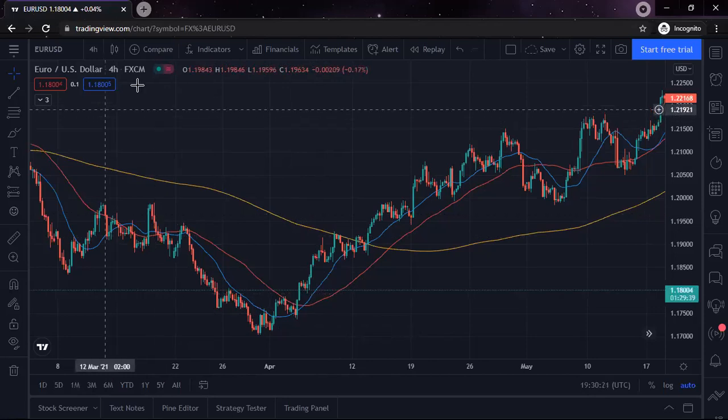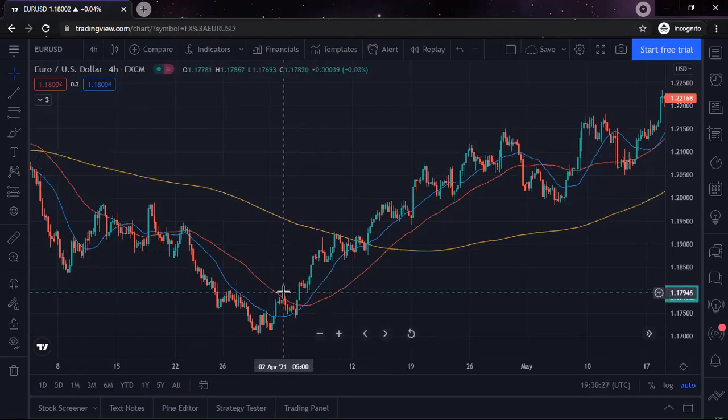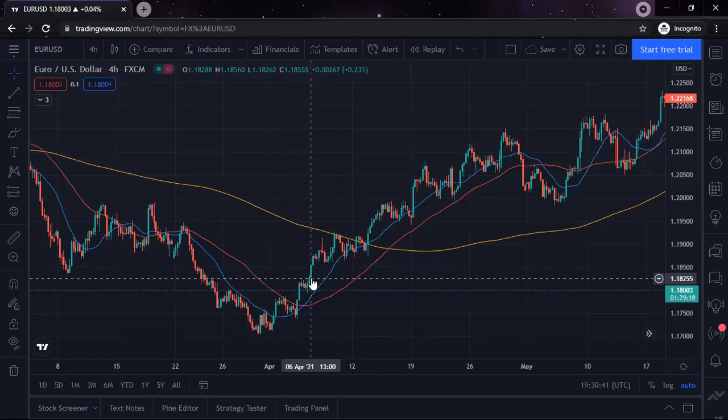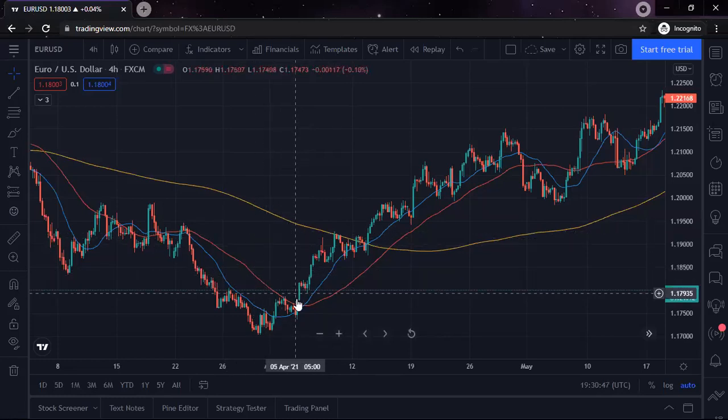This is a 4-hour time frame. You can decide to enter, but we are learning something. Anytime you find an indicator, you back test it. You try it on the demo, then you see how it works with your psychology and your emotions.